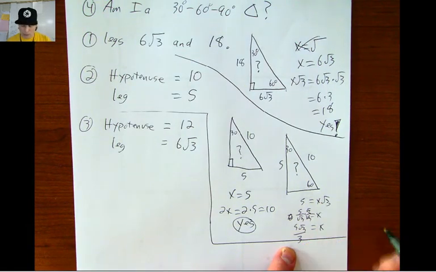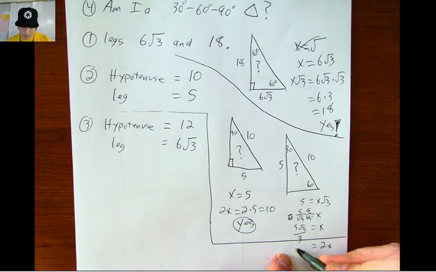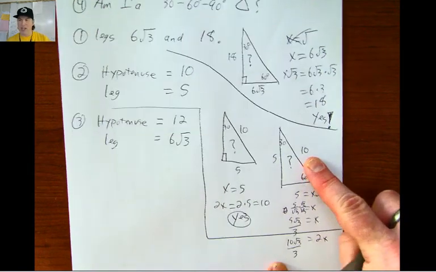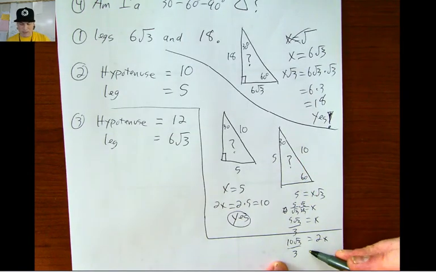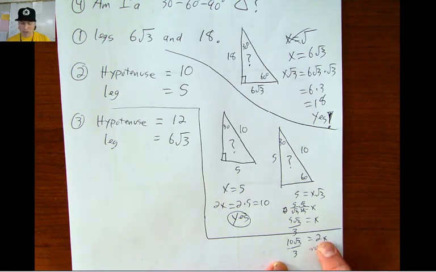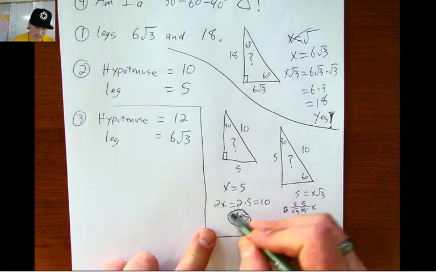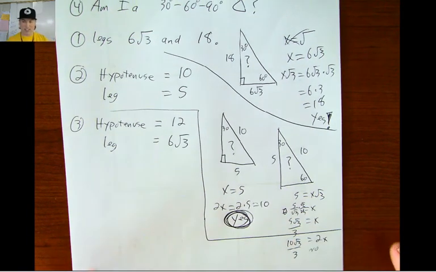And then when you multiply both sides by 2, you get 2x equals 10 root 3 over 3. Either way, is this equal to 10? No. So this one was a no. But because the other one was a yes, the answer is yes. You are a 30, 60, 90 triangle. Or at least you can be.